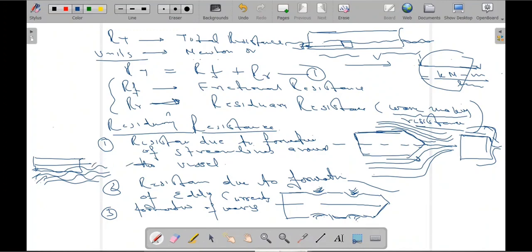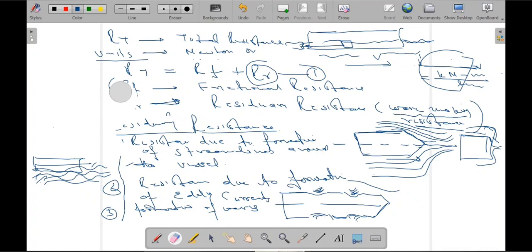And a combination of these three, the energy basically, if you see the concept, is that we require some energy, which comes from the ship's propulsion system, to take care of these three. The total of these three is what we call the residuary resistance. And now let me first erase part of it.